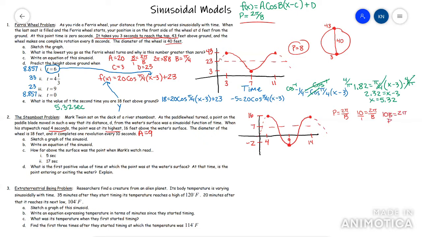Divide by 10 and reduce, you get pi over 5. It's my B value. The start was 4. My midline is 7. So now I know ABCD. I can write an equation. So there's the equation that I'm going to be using to solve these.